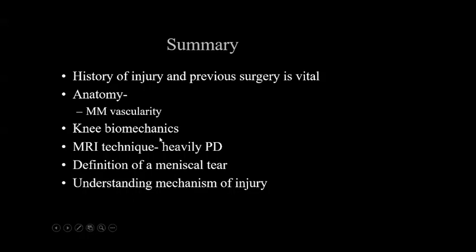For example, we said pivot shift injuries are the most common mechanism of injury of ACL tears. We talked about the MRI technique and the importance of having short TE sequence such as T1 or PD sequence because the ligaments and the menisci rely heavily on the short TE sequences.